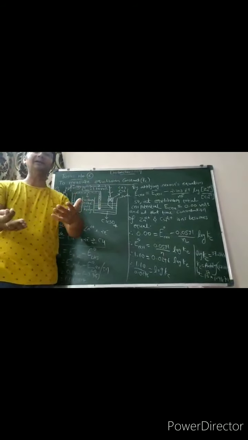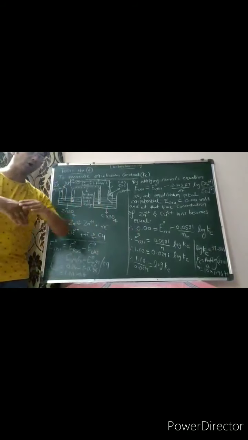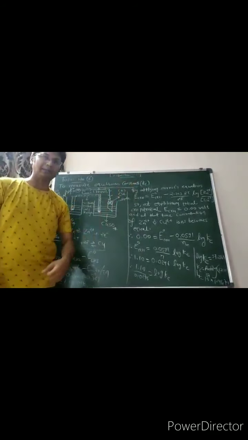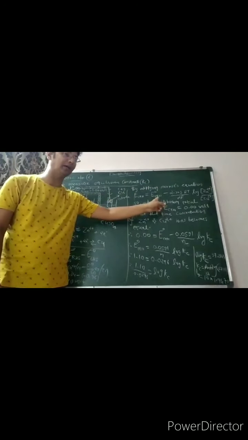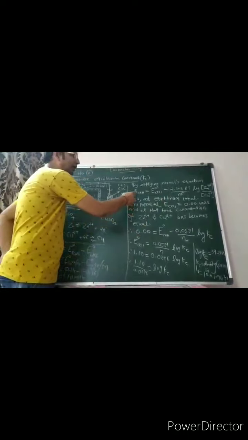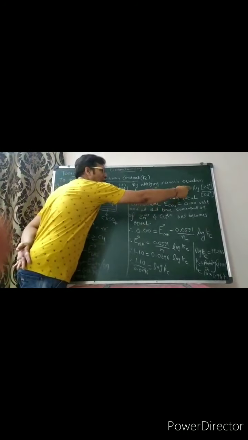Now, by applying the Nernst equation, it means here we have applied all 5 theories or 5 topics to calculate the equilibrium constant. The fifth point, the Nernst equation, is applied over here. So I am writing the Nernst equation: E cell is equal to E0 cell minus 2.303 RT over nF into log of the concentration of Zn2+ divided by the concentration of Cu2+ ion.